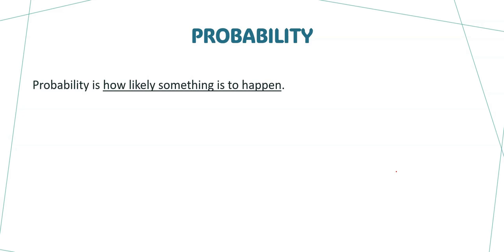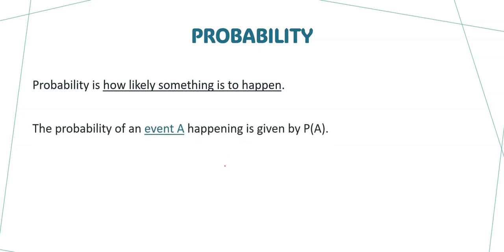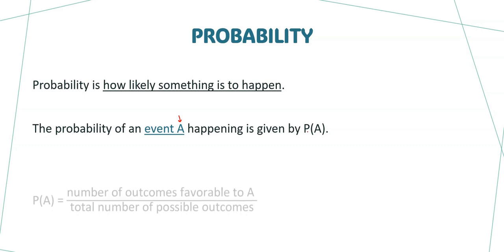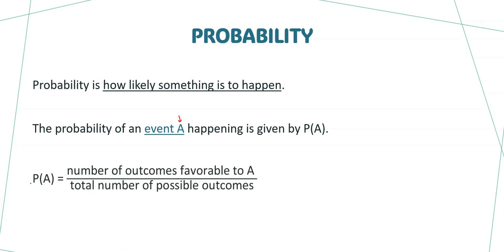Now, when it comes mathematically, we do have a formula for it. So, the probability of any event A happening, we denote it as P of A. P stands for probability of event A. In short, we write P of A. It is defined as number of outcomes which are favorable to event A divided by total number of possible outcomes.